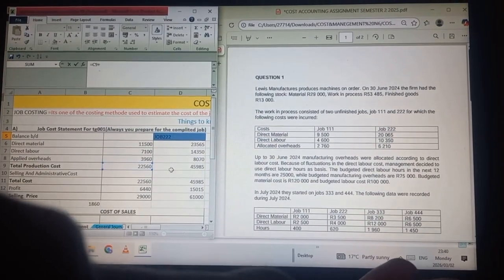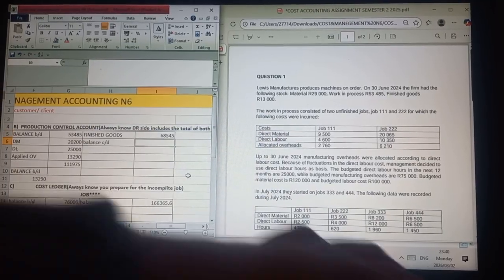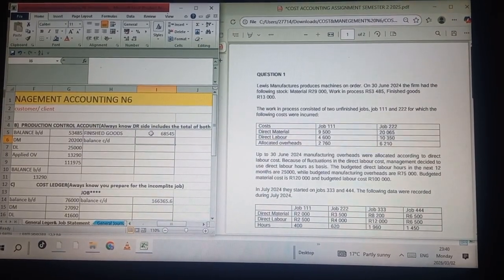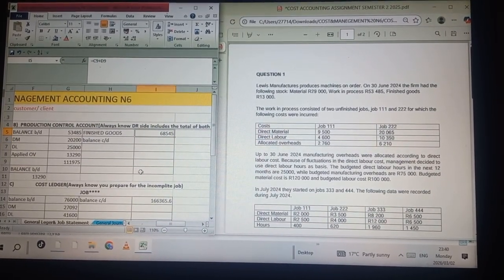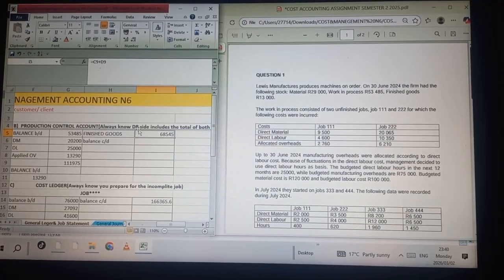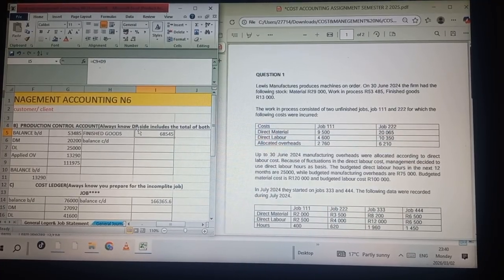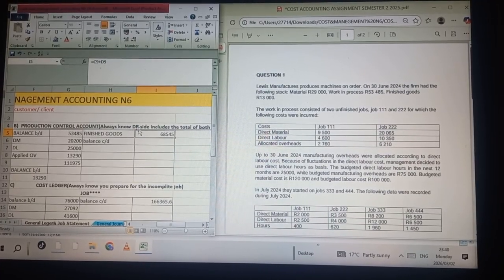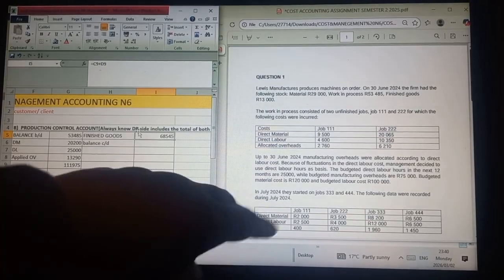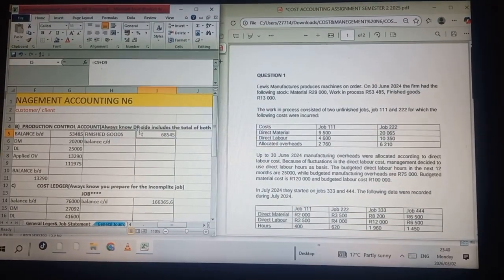This is your finished goods, guys. This finished goods is only for jobs that are completed, meaning 111 and 222.